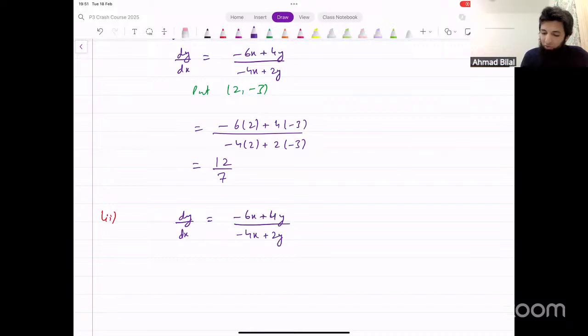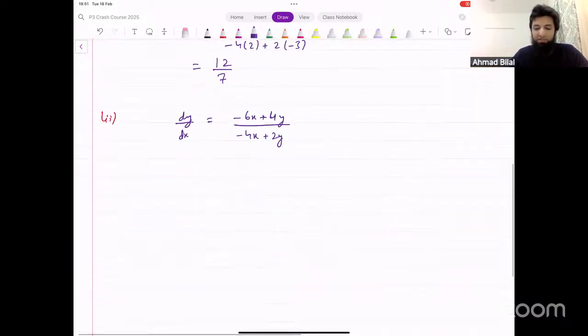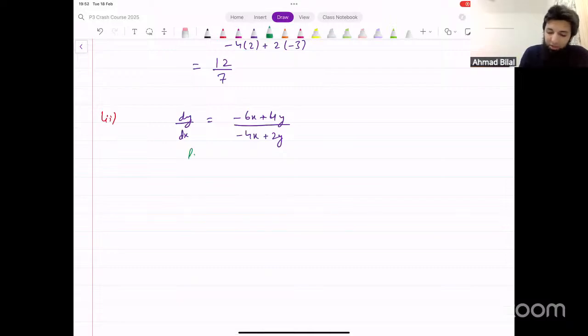Now, if there are no points on the curve where the derivative is equal to 1, if we input dy over dx equal to 1, we should get no values of x and y, right? So that's what we do. Let's input dy over dx equal to 1 here and see what we get from that.